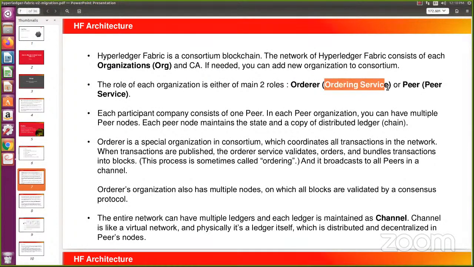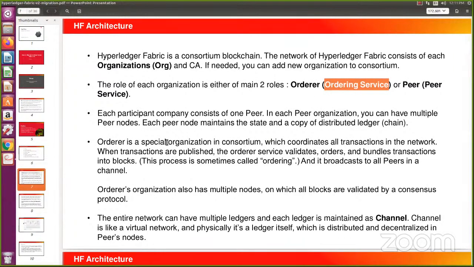I'm going to talk about the orderer later, but the orderer, as its name signifies, is in charge of ordering the transactions, because transactions come to the system from the network members. They go to the orderer, and the orderer sorts them out and sends them to the peers that need to decide on those transactions. Once consensus or endorsement is achieved, orderers add the transaction record to the ledger. So that's, at a very high level, the simplest way of looking at the orderer.